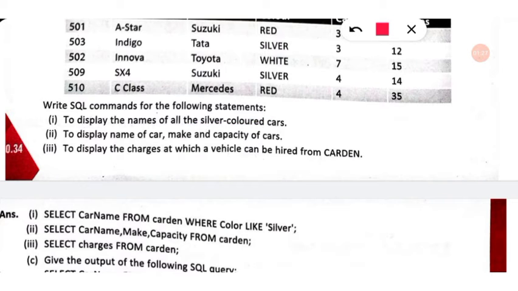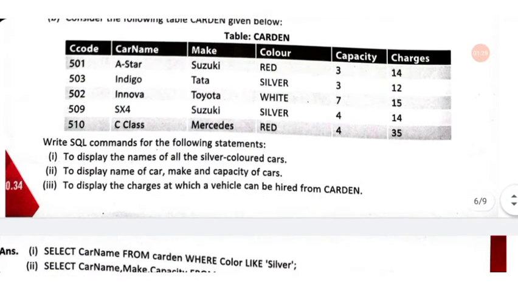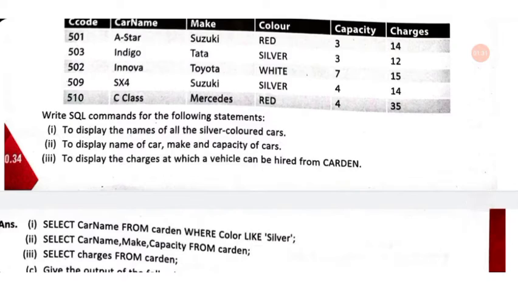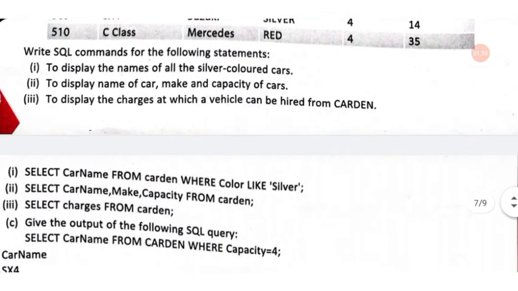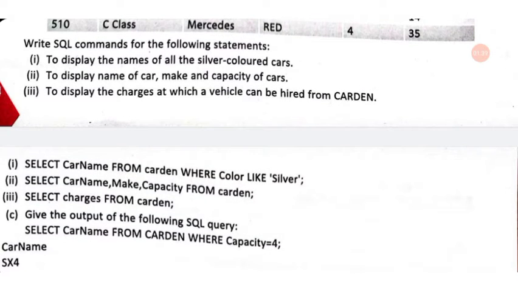So where, check what is the column name for colors. The column name for colors is COLOUR, color. So you have to write where, the same column name. Here it is with a spelling mistake.